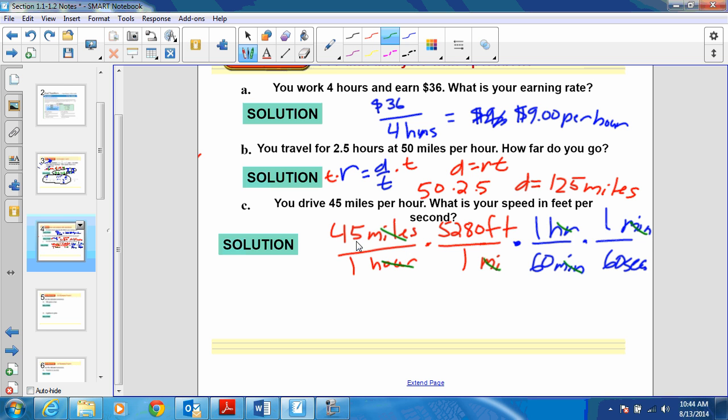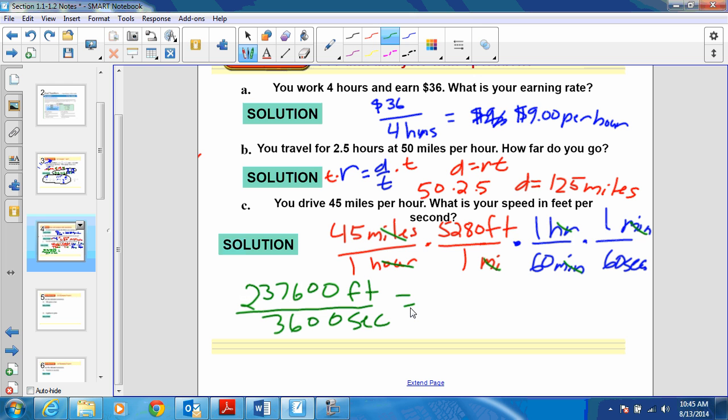So all you've got to do is multiply the top. It's 45 times 5,280, which is 237,600, and that'll be in feet. Over on the bottom we have seconds. So all we've got to do is 60 times 60, which is 3,600.